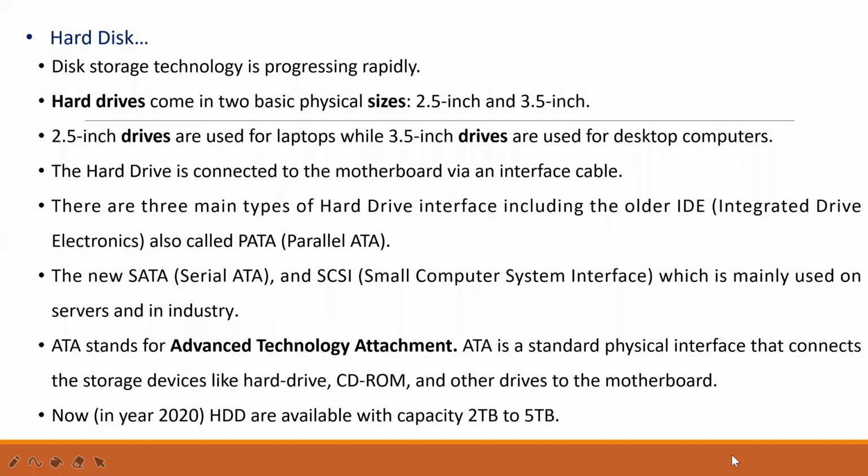Now see, as compared to the hard disk, one additional drive comes in nowadays, that is the SSD, which is much faster than a hard disk.